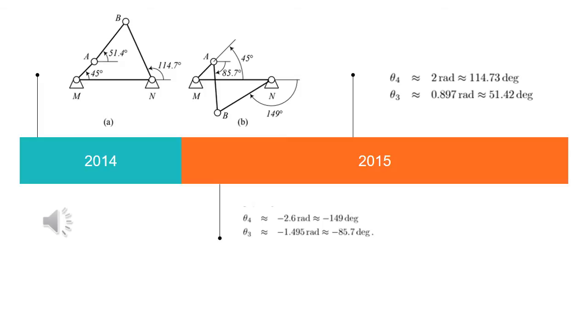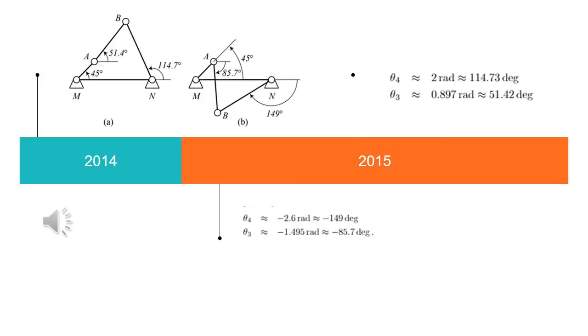which is the same as 45 degrees, and this is the expression that the angle 4 is like 2 radians, then this is like 140.73 degrees, and angle 3 is like 0.897 radians, and it is more like the same, 51.42 degrees.